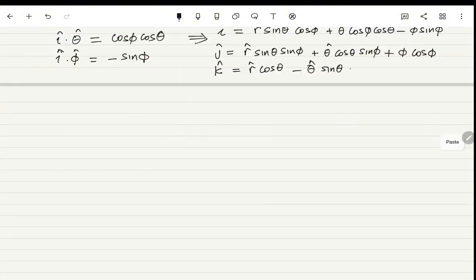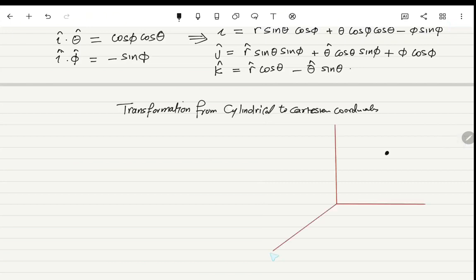Now, let's learn how to transform from cylindrical to Cartesian coordinates. So if this is x, y, z, remember, to draw a cylinder, you actually draw a radius like this one here, which is parallel to this one here, if this is point P. So r hat will be directed this way right here, and you create a circle, this one here.